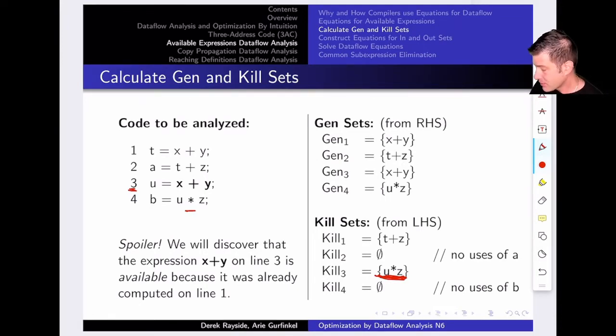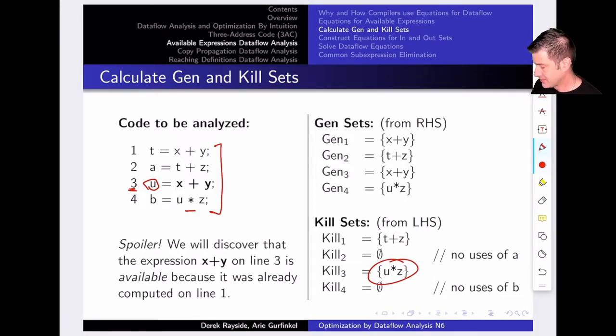You don't look at a program and ask why something would be useful or not useful. You do it completely mechanically. The mechanical step says, this kills everything that has u in it. Look at all expressions that have u. Put them in here. Don't worry whether it's actually necessary or not when you solve the data flow equations.